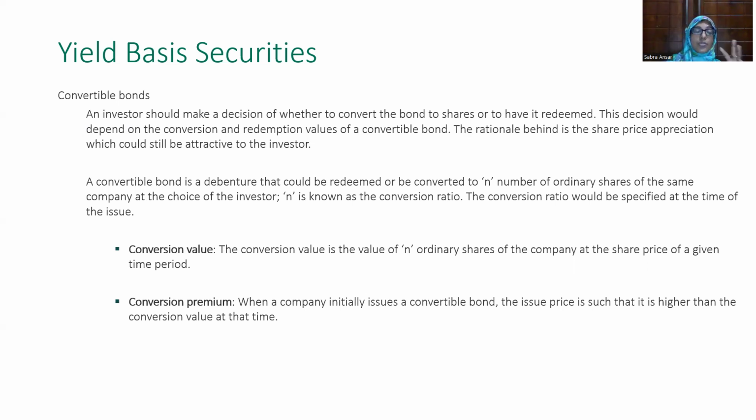A convertible bond, actually a debenture, could be redeemed or converted to a number of ordinary shares of the same company at the choice of the investor, known as the conversion ratio. The conversion ratio and conversion value will be specified at the time of issue, and a conversion premium will also be there.